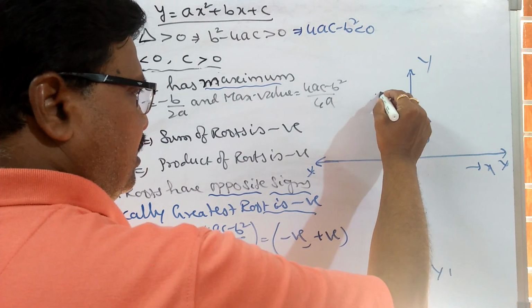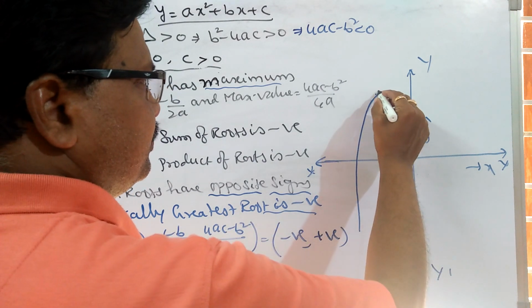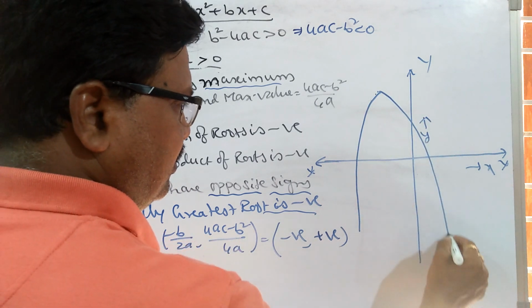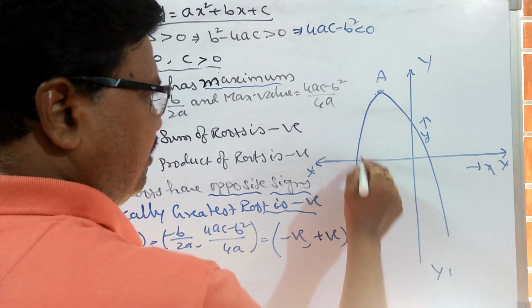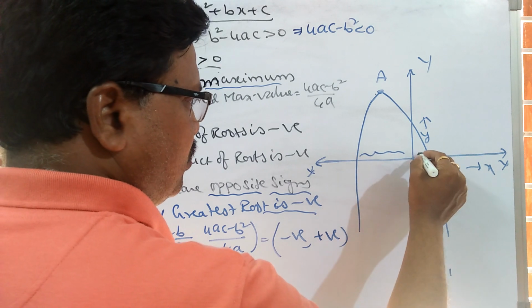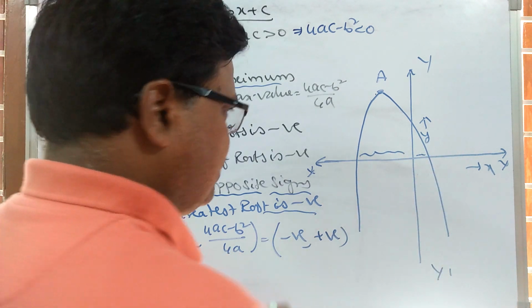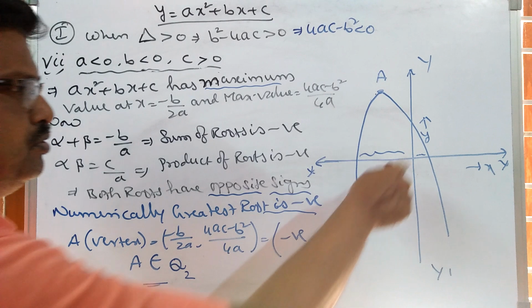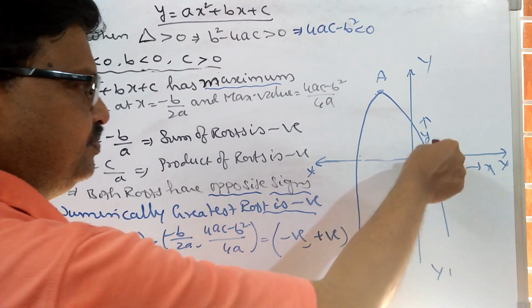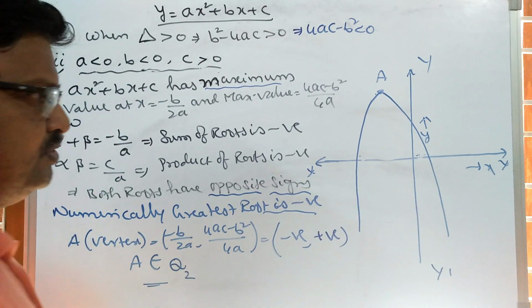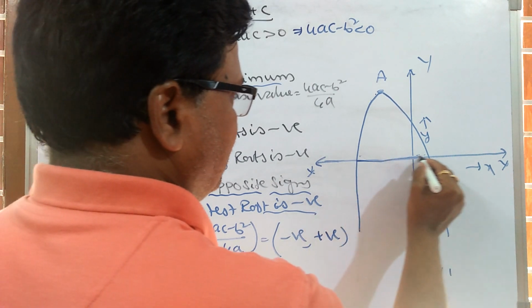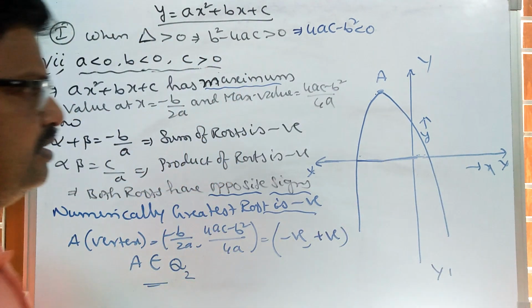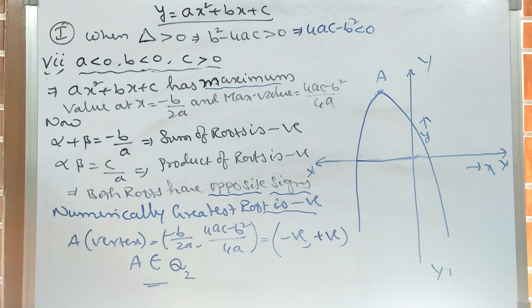That's why the graph will be like this. And this is the vertex A. Why? Because this distance is more when compared with this distance. Why? Because the numerically greatest root is negative. So this is the graph we are going to get in this case. Okay, all of you note down this.